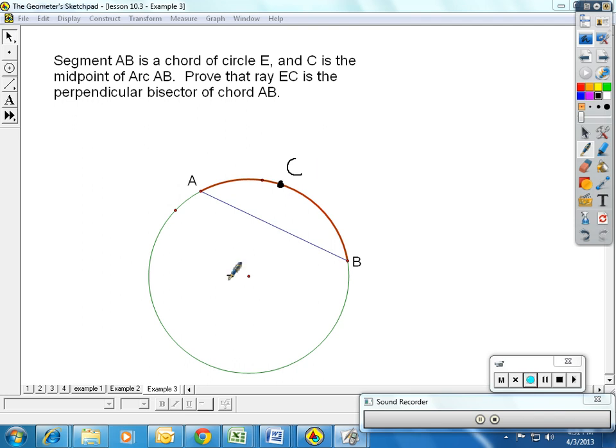We said that the center of the circle is point E, because this is circle E. Alright, prove that ray EC. So let's draw a ray through EC.